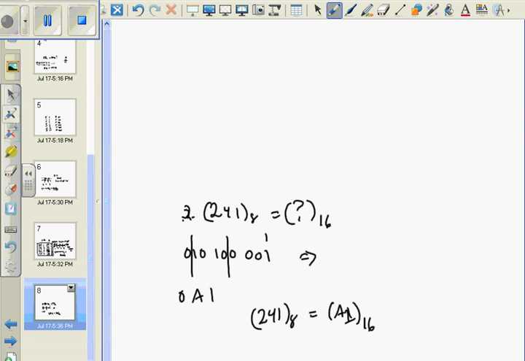So this is going to equal, again, I'll write these place values here. It's going to be 128 plus 32 plus 1. So that's going to give us 128 plus 32 is 160 plus 1 equals 161 in base 10. Voila! So now you know how to convert all over the place.